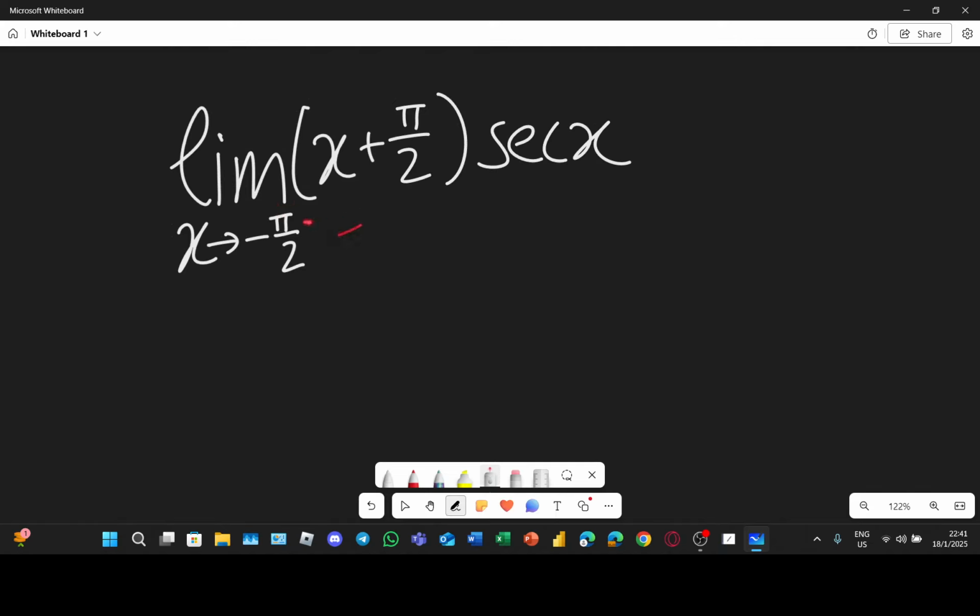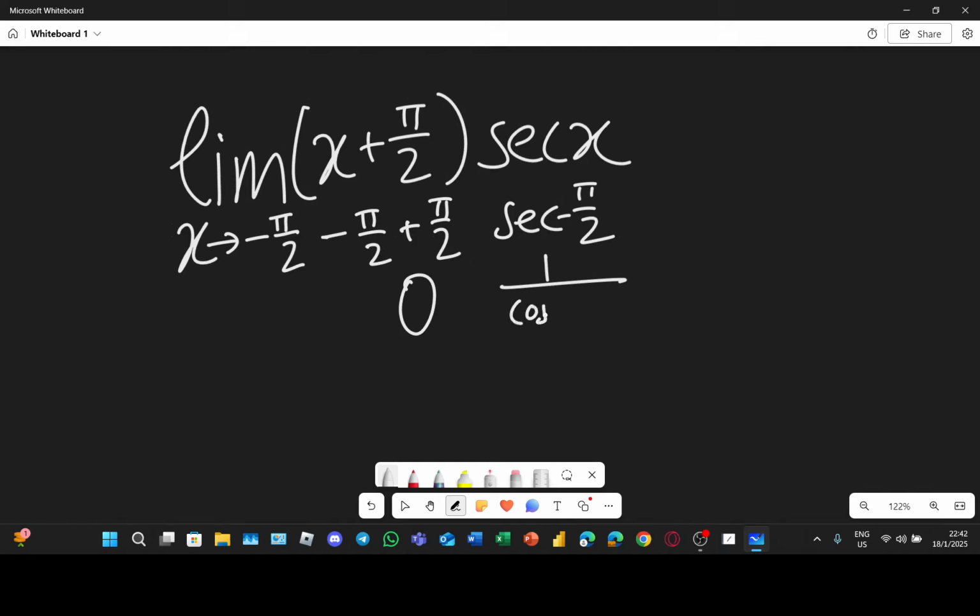So if you see over here, we have this function, and if we try to perform a direct substitution, we get negative pi over 2 plus pi over 2 multiplied by secant of negative pi over 2. So this gives us 0.